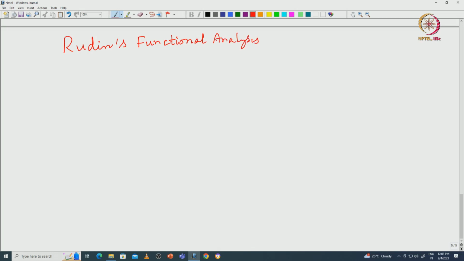This also contains a brief discussion about semigroups, so you can also see that.